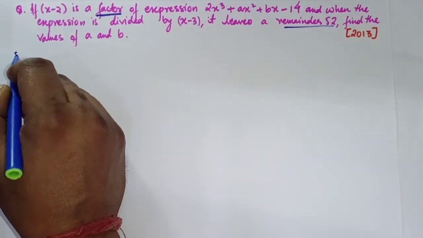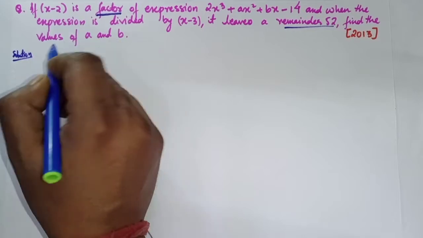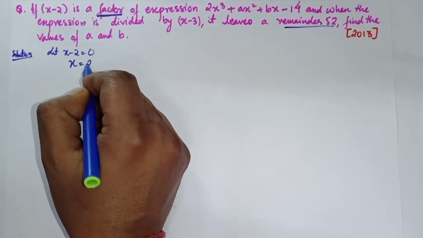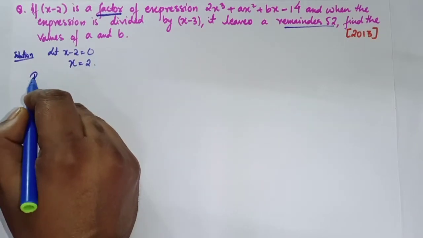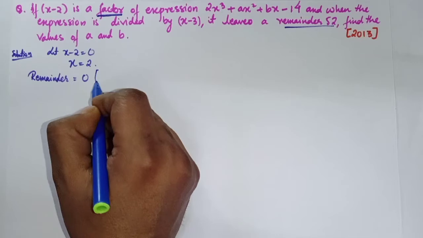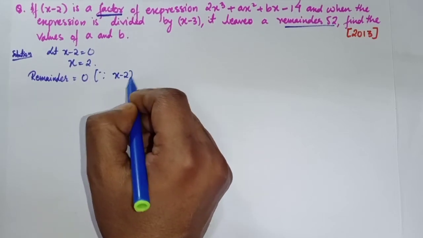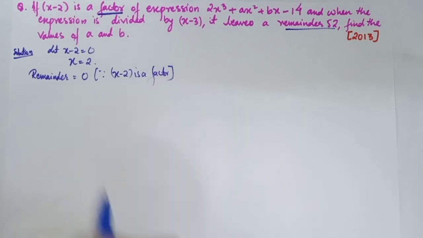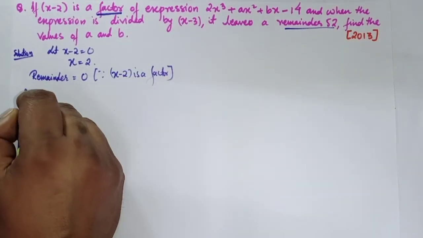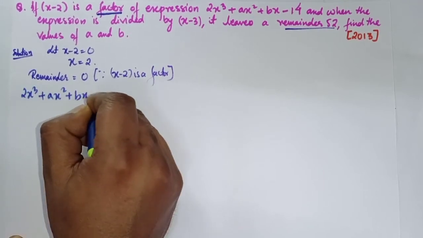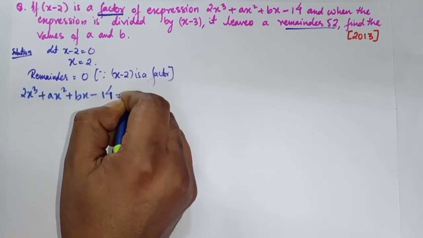Then we'll solve both equations 1 and 2 and find the values of a and b. In the solution, let x minus 2 equal 0. So x equals 2. Since x minus 2 is a factor, the remainder will be 0. So 2x cubed plus ax squared plus bx minus 14 equals 0.